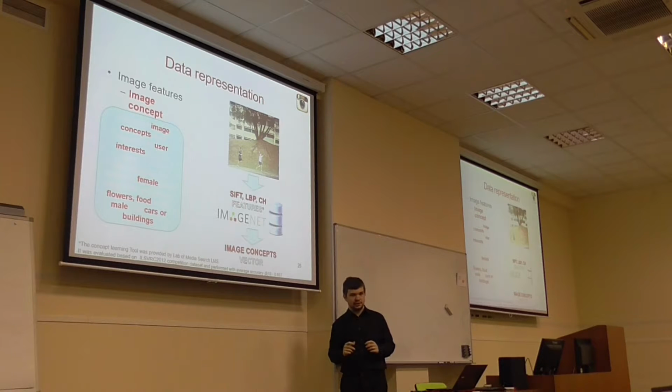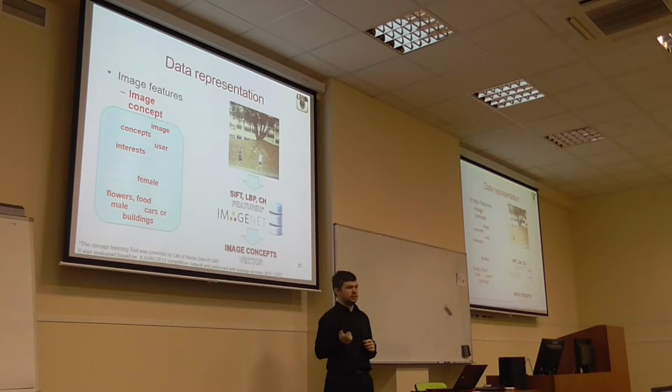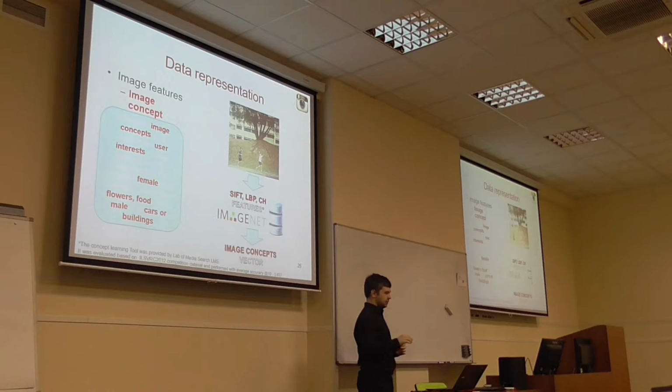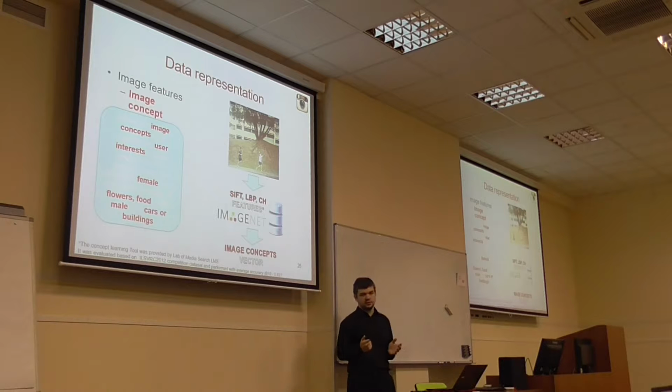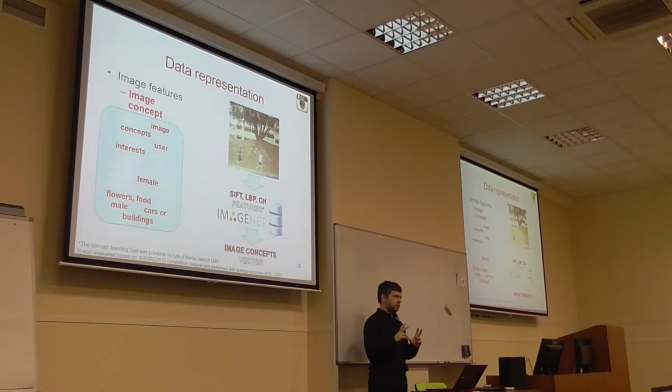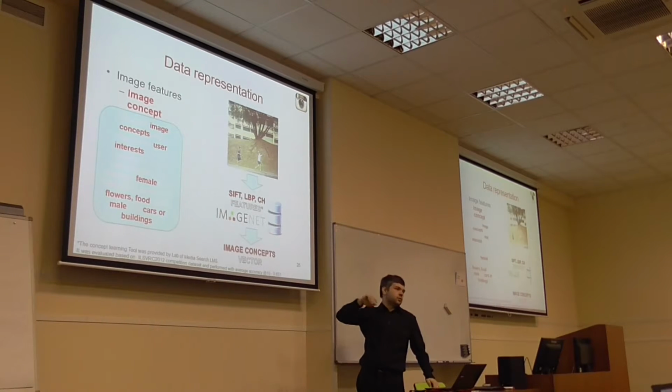So we can train 1,000 SVM classifiers, and each of them will say, is it a tree or not a tree? Is it a ball or not a ball? And so on. Then we pick up those classifiers that are really confident in their decision, and we decide, okay, this image probably has this concept in it. So which concepts can we see in this image, for example?